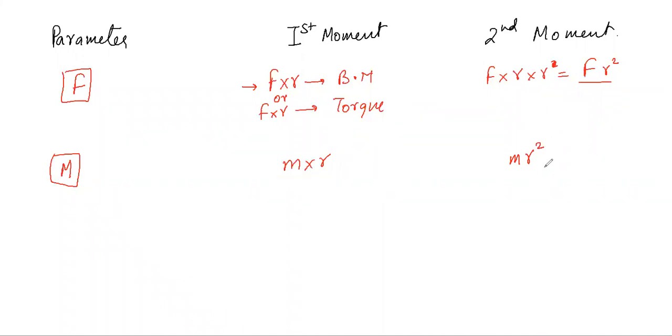Now if we try to know the significance of M R square, then M R square means you can say that it is a resistance to rotation, right?